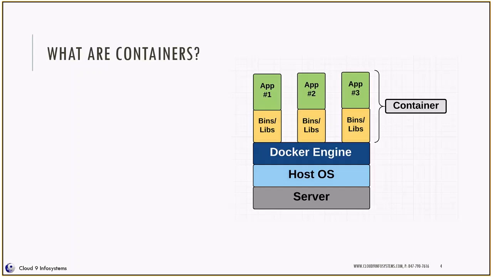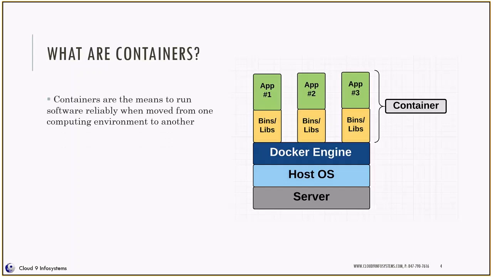So once your container has been defined, the image is used to create containers that run in any particular environment, be it from your developer's laptop to your testing rig to the production data center, which can be on-prem, which can be on the cloud, without any changes.